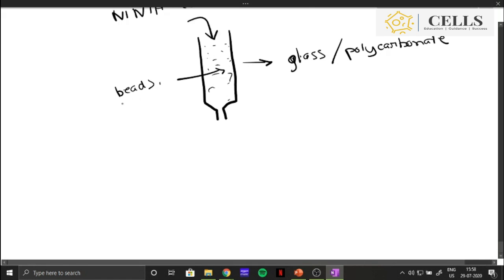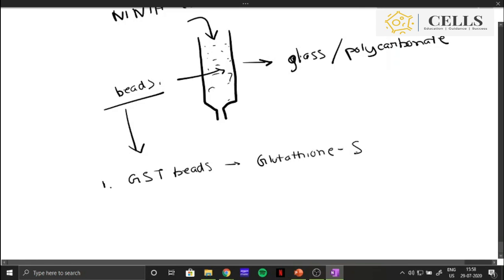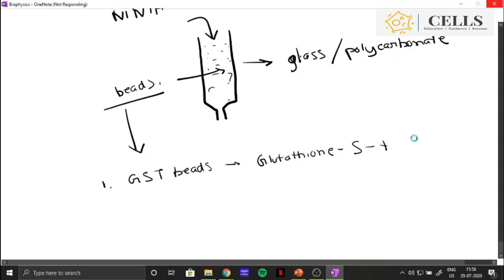Okay, how many kinds of beads are there? Number one, you have GST beads, that is glutathione S-transferase. Why do we need the histidine tag? I'll come over it in detail, just a few minutes.